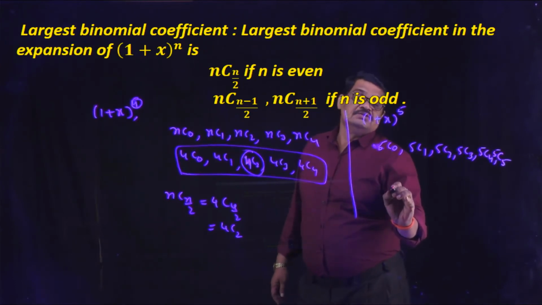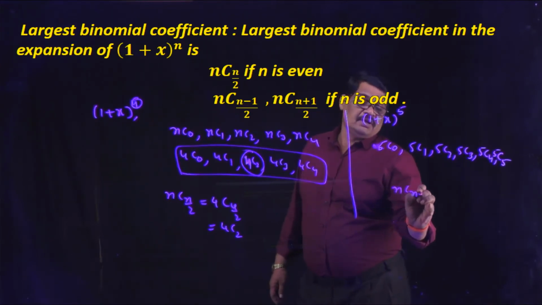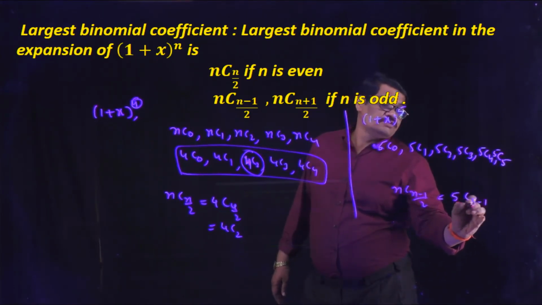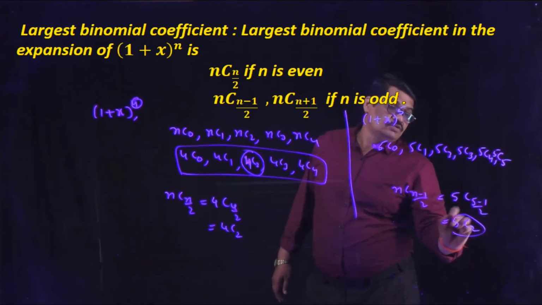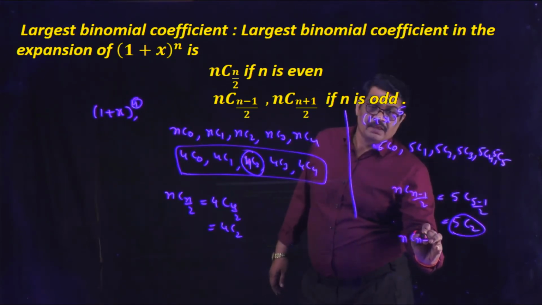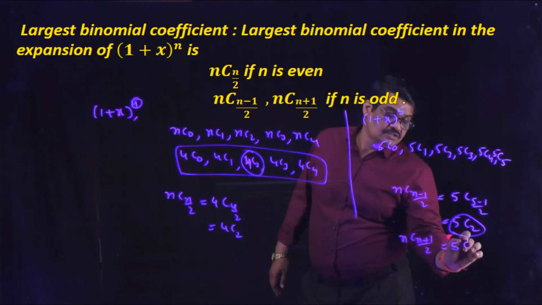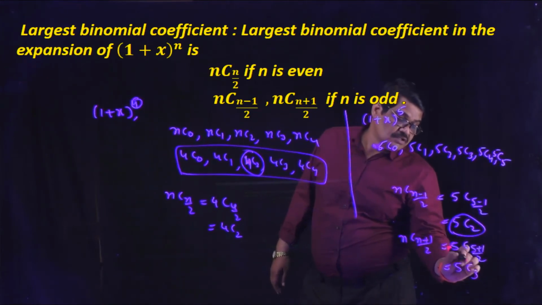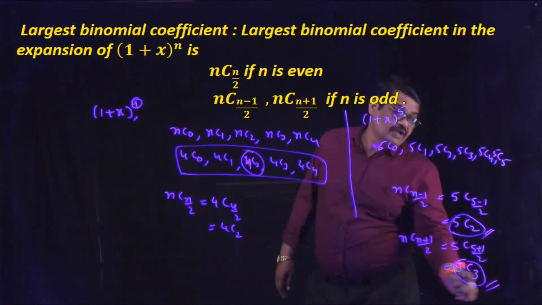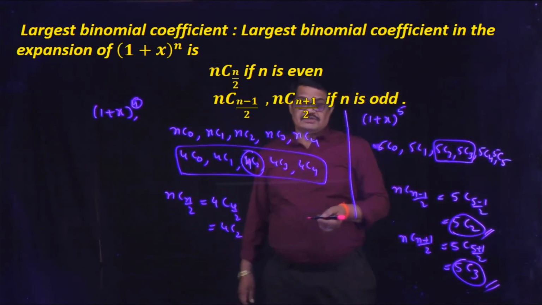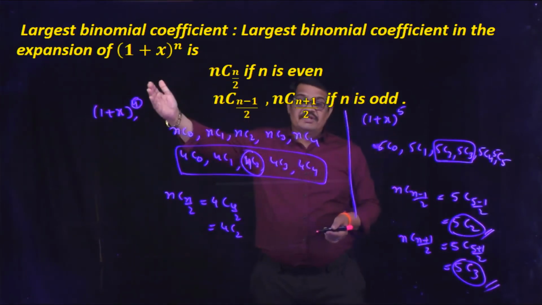These are nC((n-1)/2), that is 5C((5-1)/2), that is 5C2, and the other is nC((n+1)/2), that is 5C((5+1)/2), that is 6 by 2, that is 3. Here 5C2 and 5C3 are the largest binomial coefficients in the expansion of (1 + x)^n.